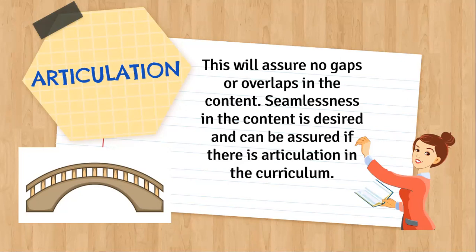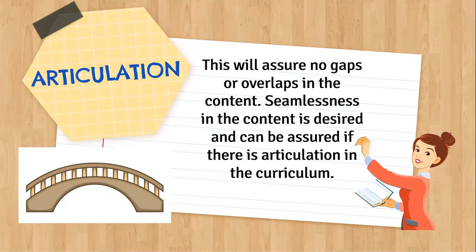So dili ka pwede nga imong topic karon parts of the butterfly, pagkasunod is mammals, because your students will most likely not understand what information you are trying to let them understand, because ang imong topic ani nga week dili siya connected sa sunod nga topic.